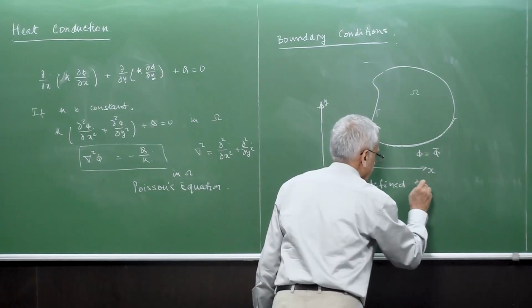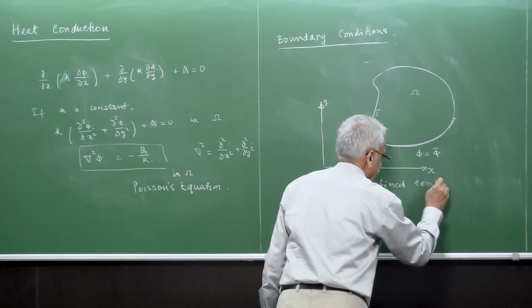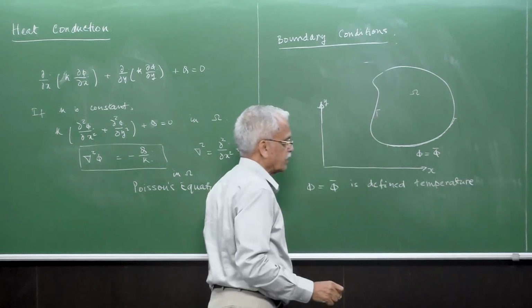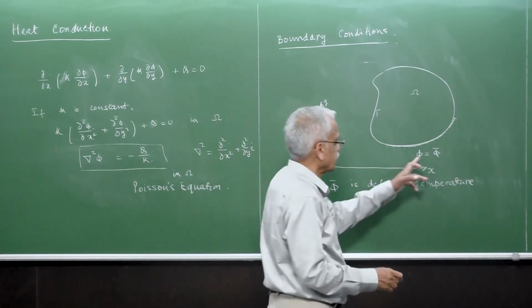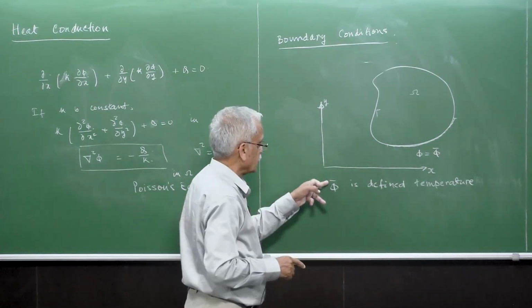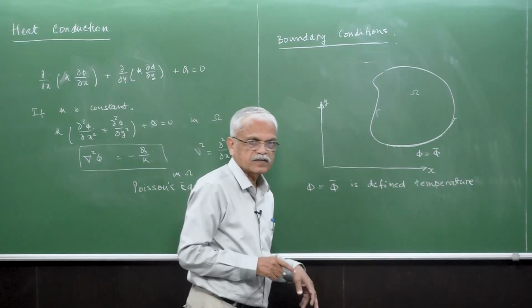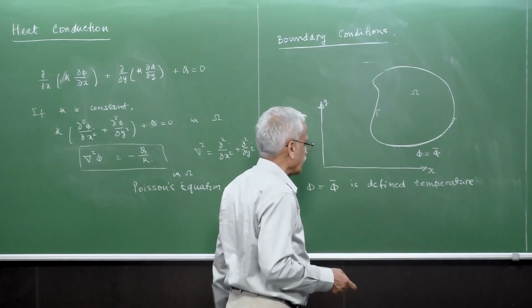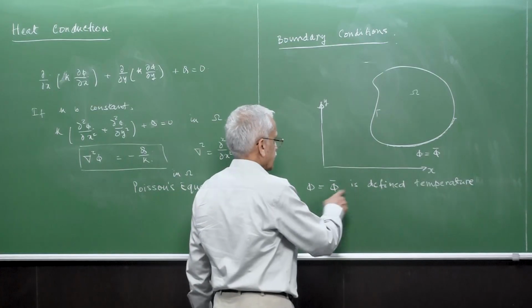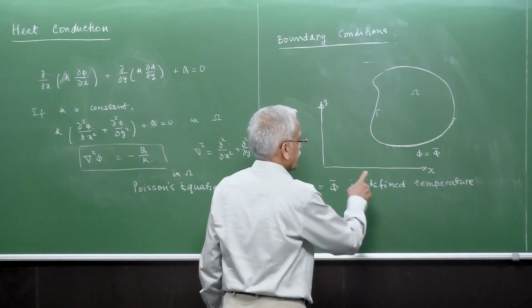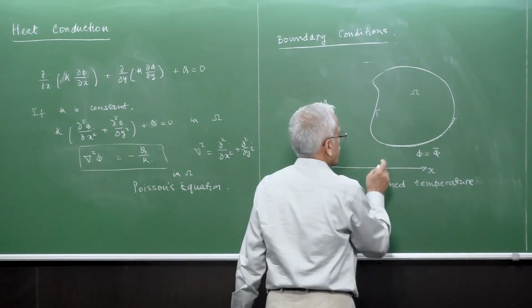This temperature is given by the user, which is defined to be phi bar. So anything that's shown as bar here denotes that it's a defined value. So phi is equal to phi bar is the defined temperature on a certain part of the boundary here.